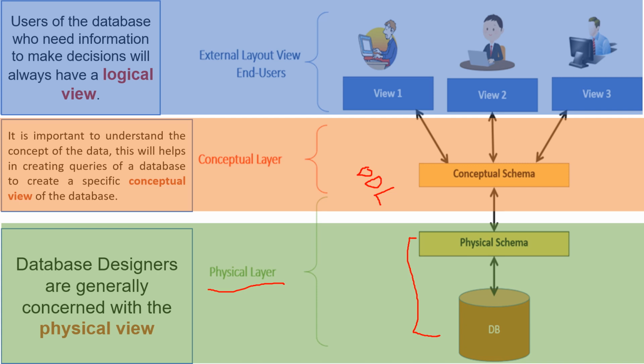Now the question is, where is the accounting role in these three levels of views? The auditor or the accountant is the one who builds the conceptual schema with the designers, and also creates the logical view.